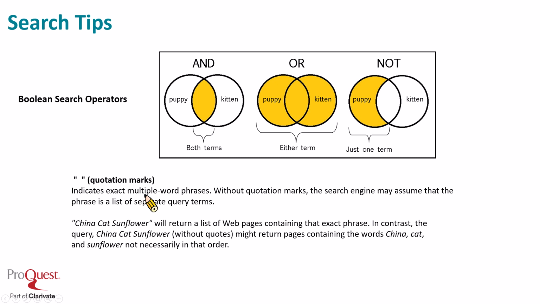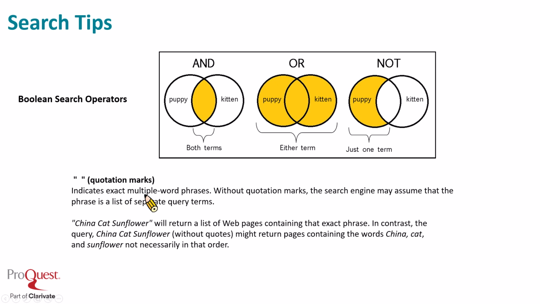In English we call them phrases. So if you have a key term that is a phrase, which means it contains more than one keyword, remember to put a quotation mark at the beginning and at the end to let the system know this is a phrase. You will get more precise search results.